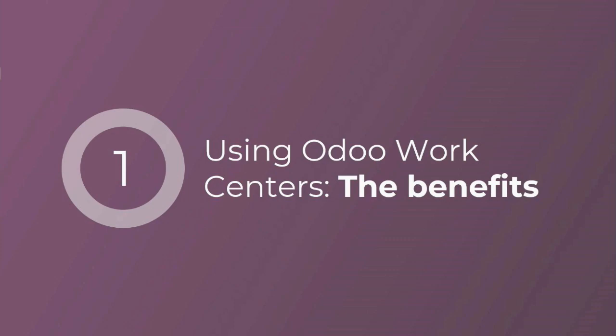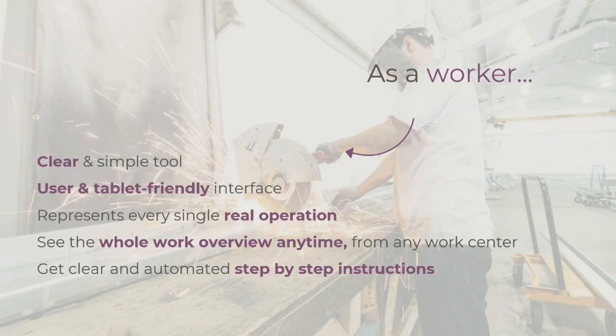So we can see what the benefits of Odoo are with work centers. Like I said, as a worker, you want to have your processes be simple and easy to use, and you're able to have instructions very clear. You don't want to spend too much time. This also cuts down on your efficiency and the amount of time that you're working.